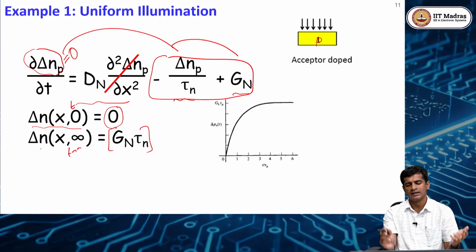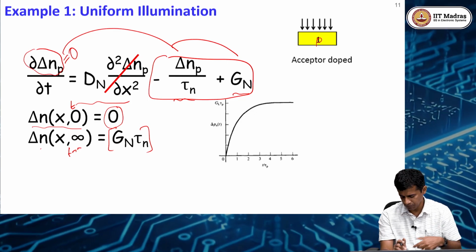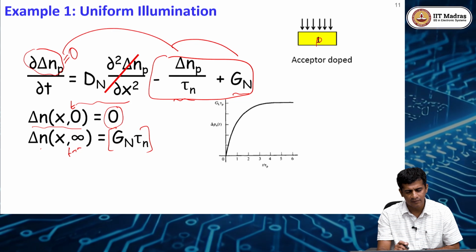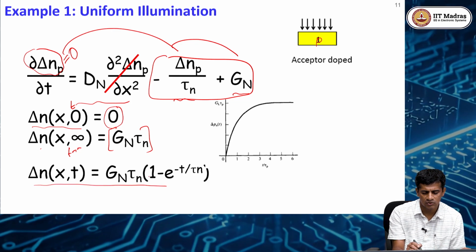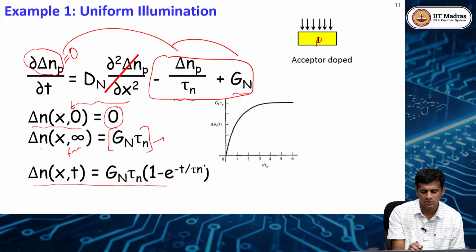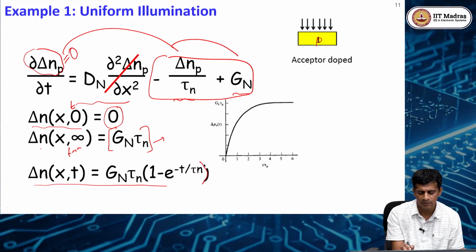This is very similar to your RC charging. We did this problem in one of the previous classes, so we can solve this differential equation. This is the value at infinity and at 0. It is very similar to your RC charging expression: 1 minus exponential of t by tau n.